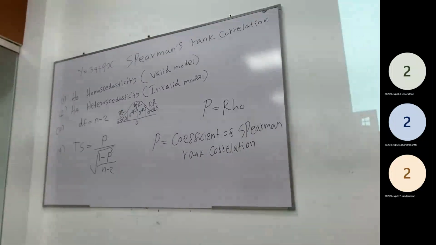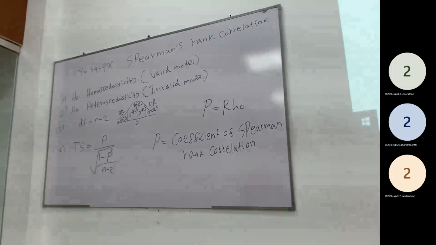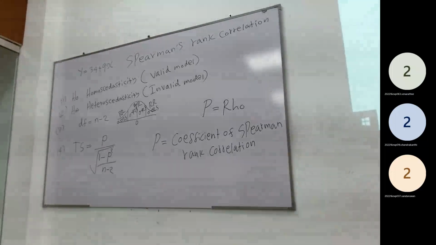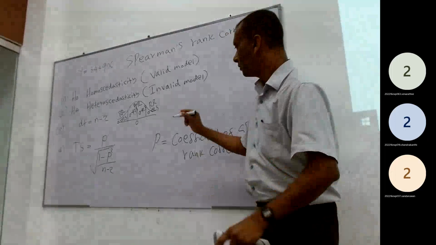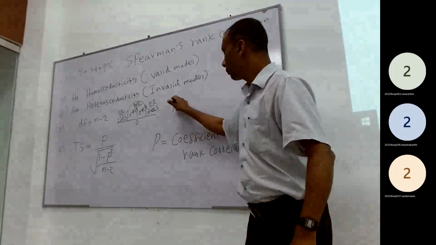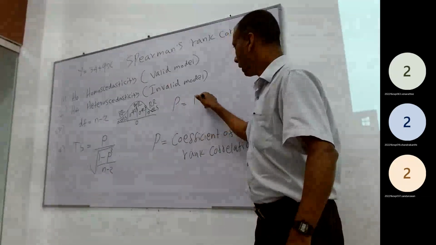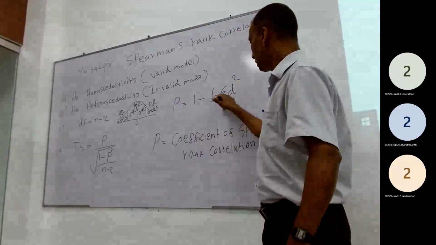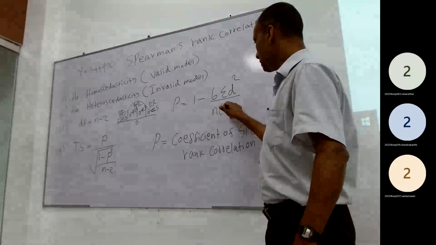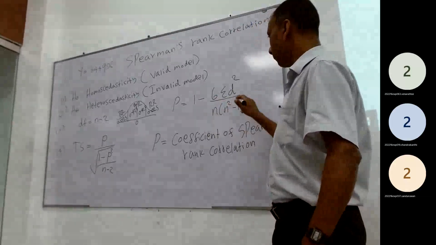How do we calculate rho? This is the formula: rho equals 1 minus 6 sigma d squared over n times n squared minus 1.